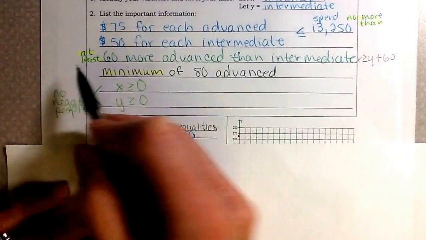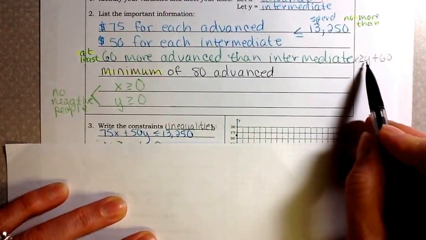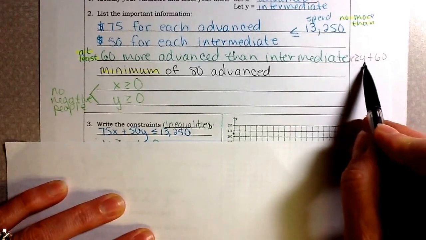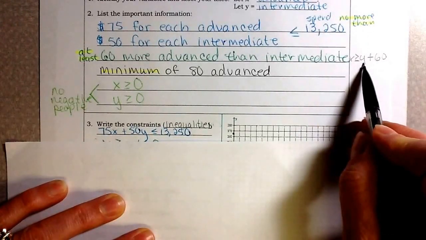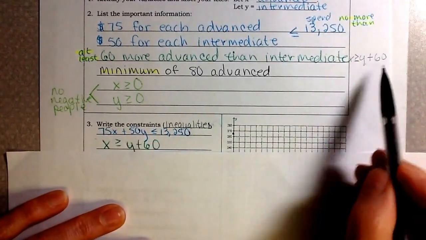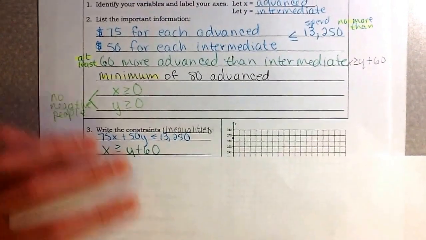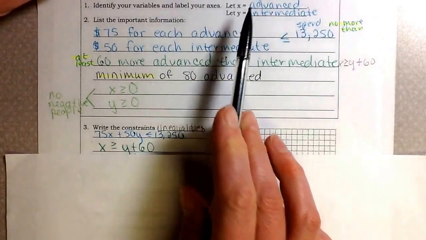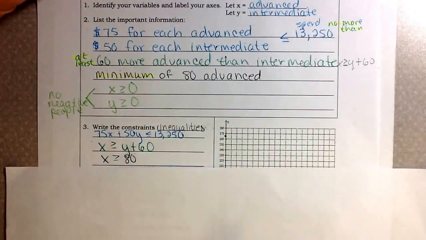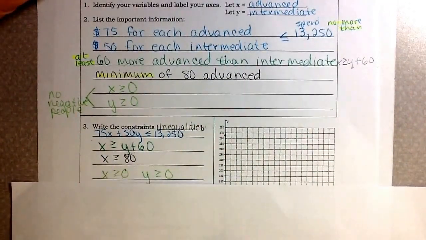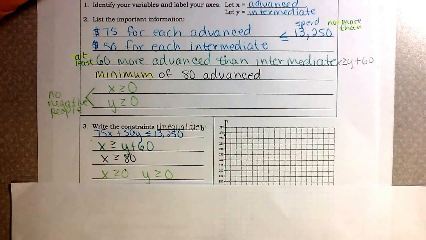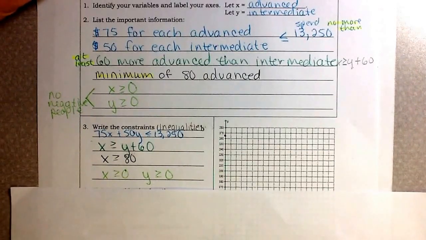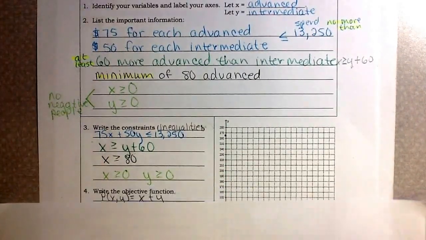Because it says at least, we want at least 60 more advanced than intermediate. So that's our next inequality. The next one, we want a minimum of 80 advanced. Advanced is represented by x, so we want x greater than or equal to 80. And then again, we want x is greater than or equal to 0 and y is greater than or equal to 0. Okay, so we're going to go ahead and graph all these.